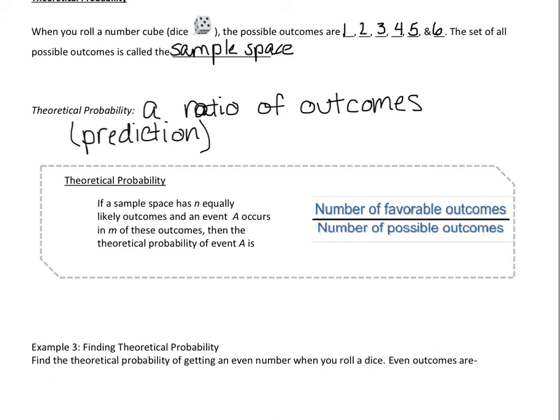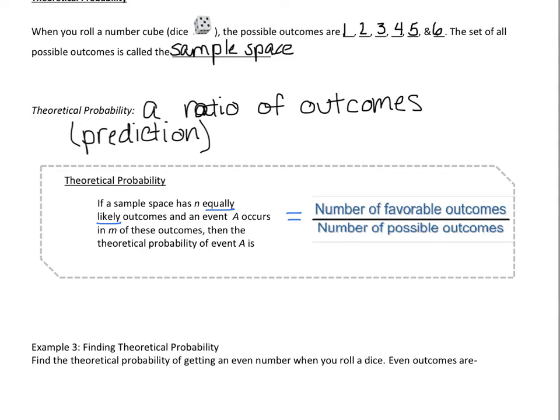If a sample space has n equally likely outcomes, that's important, they have to be equally likely, and an event A occurs in m of these outcomes, then the theoretical probability of event A is the number of favorable outcomes over the number of possible outcomes.